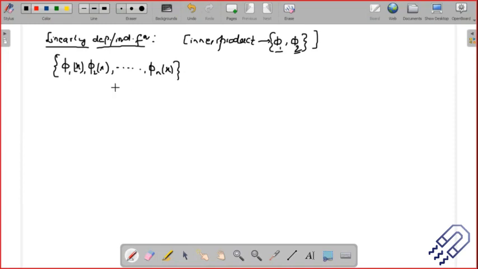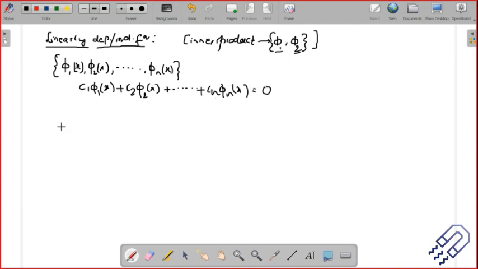But let's say we have a number of functions, phi1, phi2 up to phi n, and we have already done it in the last class. So you've seen that if we are able to prove it this way, we can have the function in this form: c1 phi1(x) plus c2 phi2(x), and so on, plus cn phi n(x) is equal to 0.